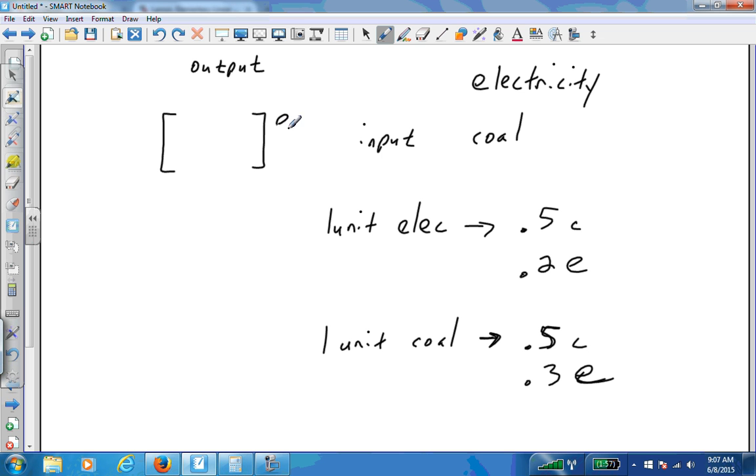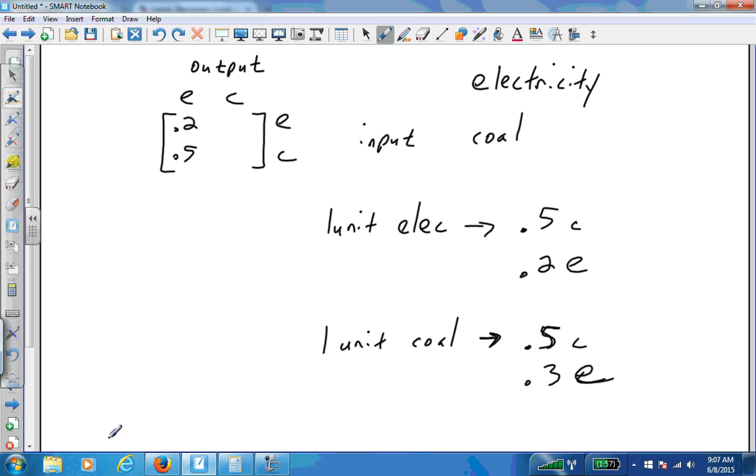So if we input, let's put electricity here, coal here, electricity here, coal here. If we're making electricity, that takes 0.2 units of electricity, 0.5 units of coal.